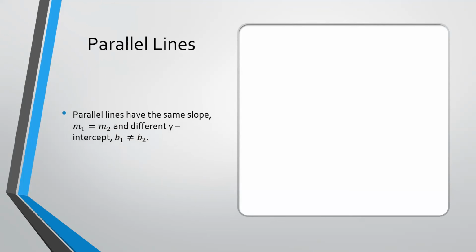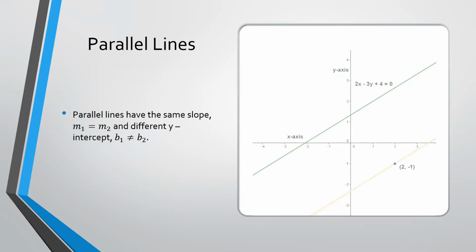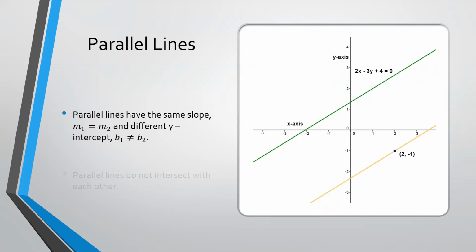So parallel lines. Parallel lines have the same slope. M1 is equal to M2 and different y-intercepts, so B1 is not equal to B2. Parallel lines do not intersect with each other.